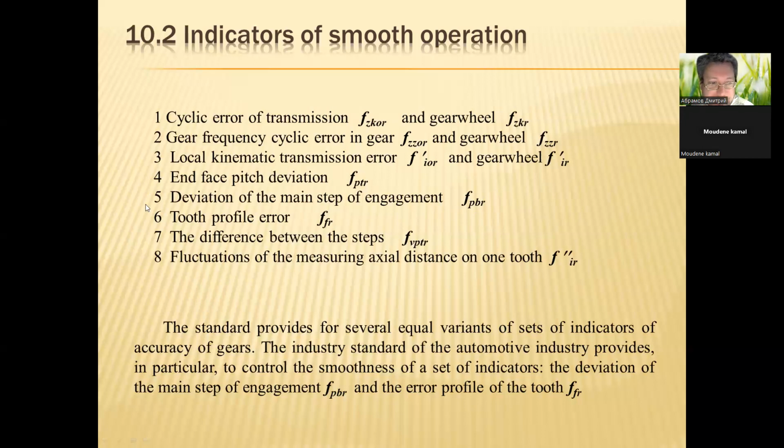So the 5th and 6th indicators are used to control smoothness in automotive industry. Please write down to your notes these 8 parameters and a set of indicators for automobile industry. Do it now.